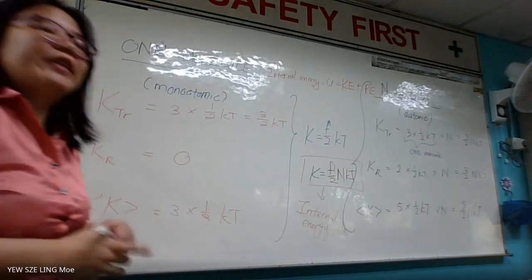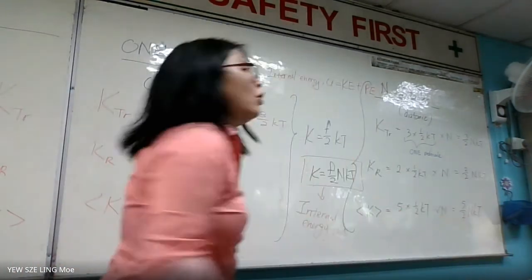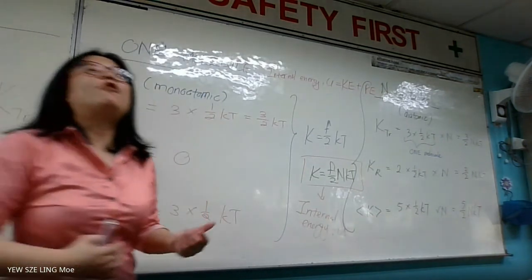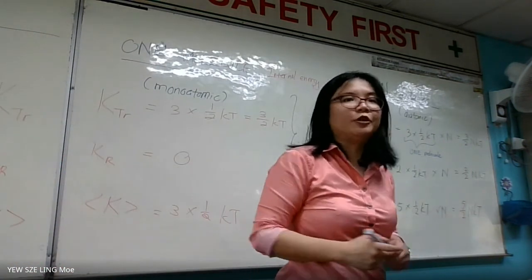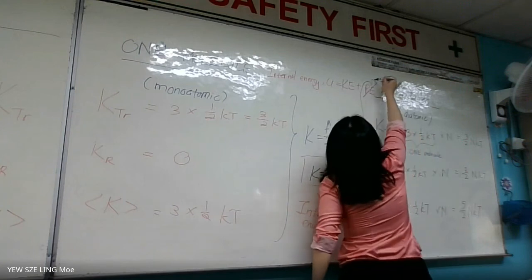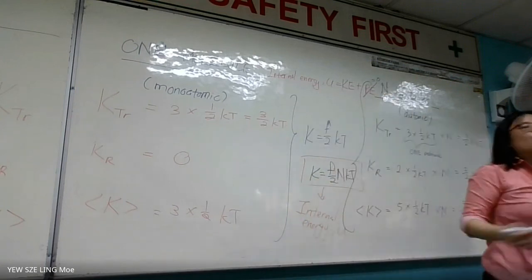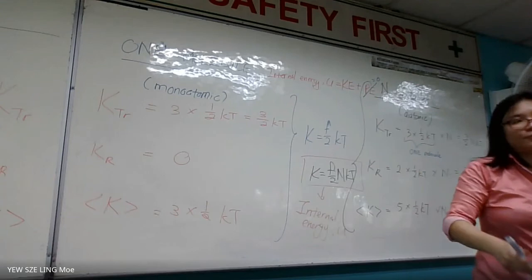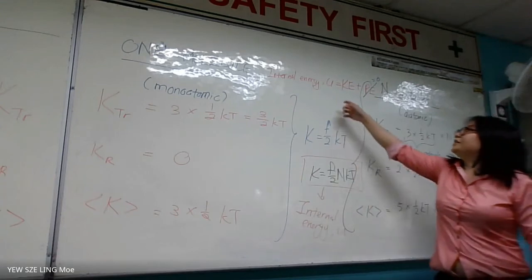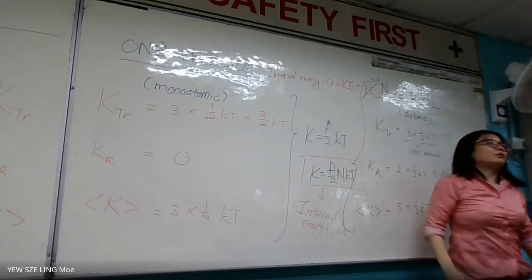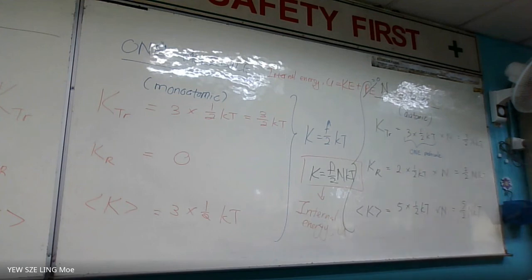And we assume potential energy is equal to 0 because we assume intermolecular force can be neglected. Therefore, internal energy is also equal to kinetic energy. There are reasons why we get equations like this and values like this. So this whole thing is slightly more complicated.